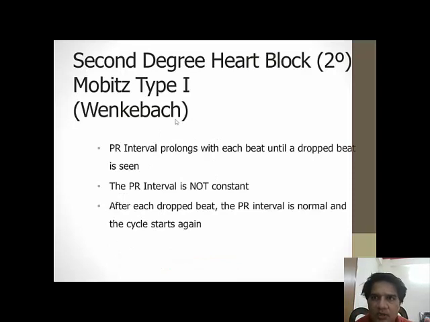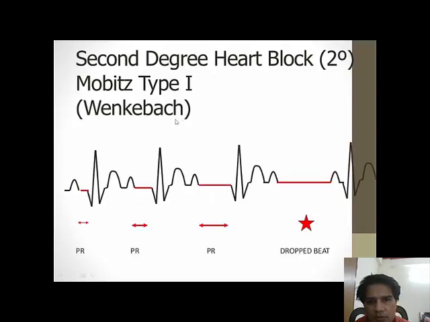Again, as I told, the PR interval is not constant because it gets longer and then drops. And after each drop, the PR interval is normal, and then the cycle starts again. So it is showing that the heart system is doing something abnormal. You see a small P, then PR prolonged, and then you finally drop.